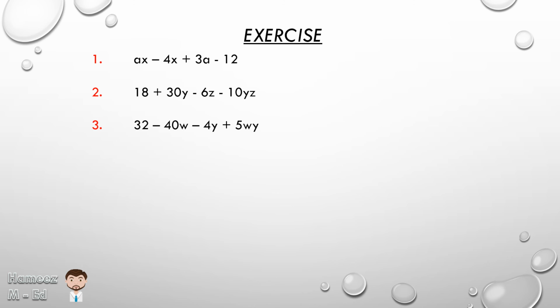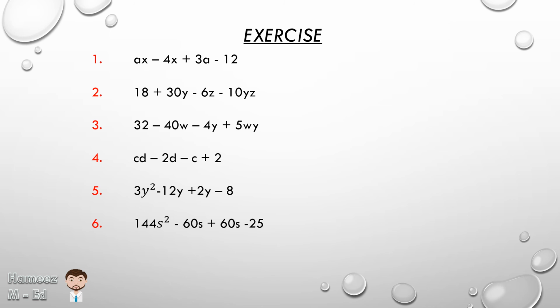Remember to use step 1 to rearrange if it's necessary, and then step 2 to factorize each pair. The last 3 questions are quadratic expressions. Please stop your video now and attempt all these questions. Then restart the video and go on to the next slide where the solutions are presented.